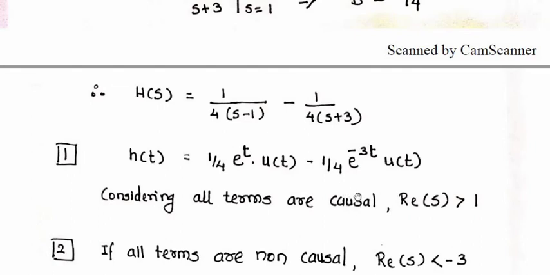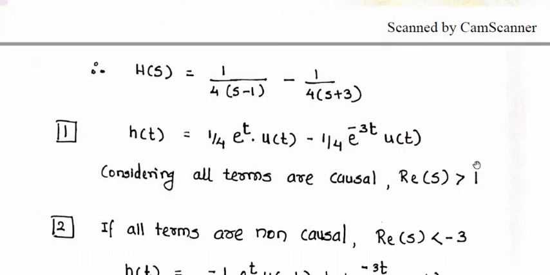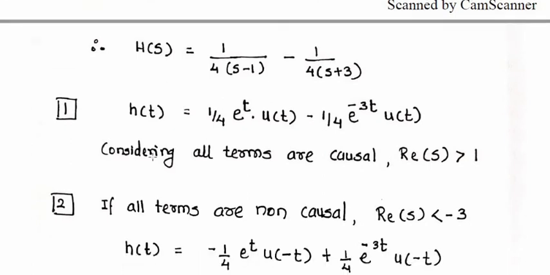But if we consider all terms causal, this gives a right-sided ROC and this gives a right-sided ROC, and as per the properties of ROC, the overall ROC will be to the right of the rightmost pole. That's why, if we consider all the terms causal, the ROC will be greater than 1, towards the right side. So this is one of the possible impulse responses.